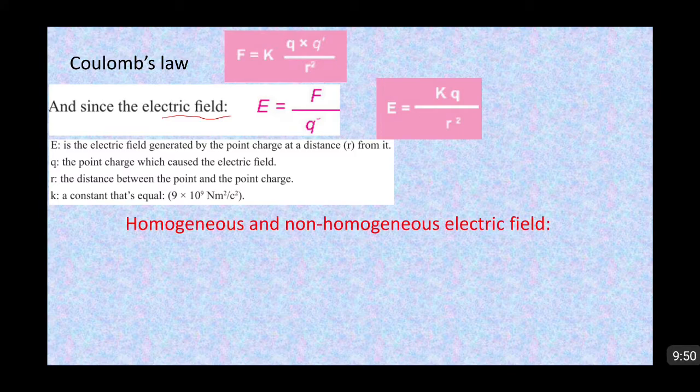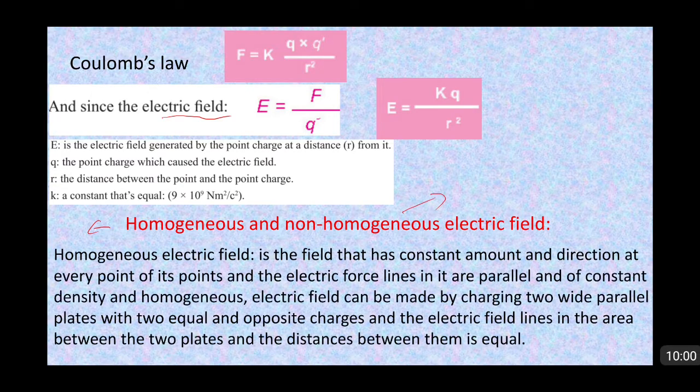And now, homogeneous and non-homogeneous fields. Homogeneous means all of it is the same. A homogeneous electrical field is the field that has constant amount and direction at every one of its points, and the electrical force lines in it are parallel and of constant density.